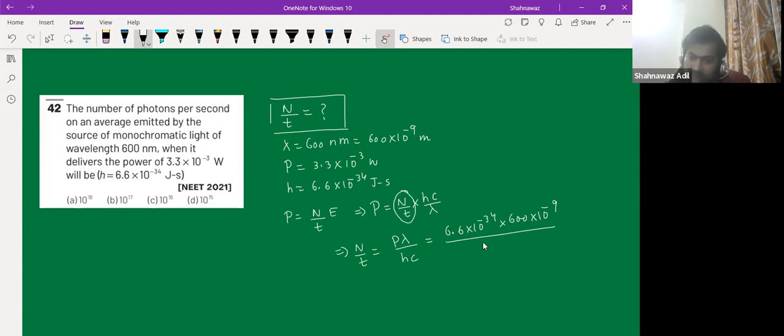You have to multiply P with lambda, divided by h, which is 6.6 into 10 to the power minus 34, and c is 3 into 10 to the power 8.